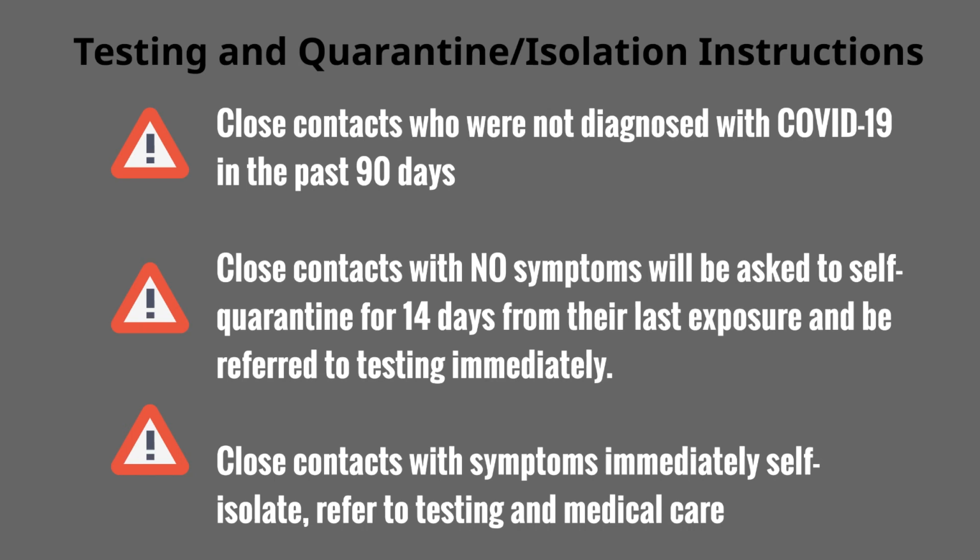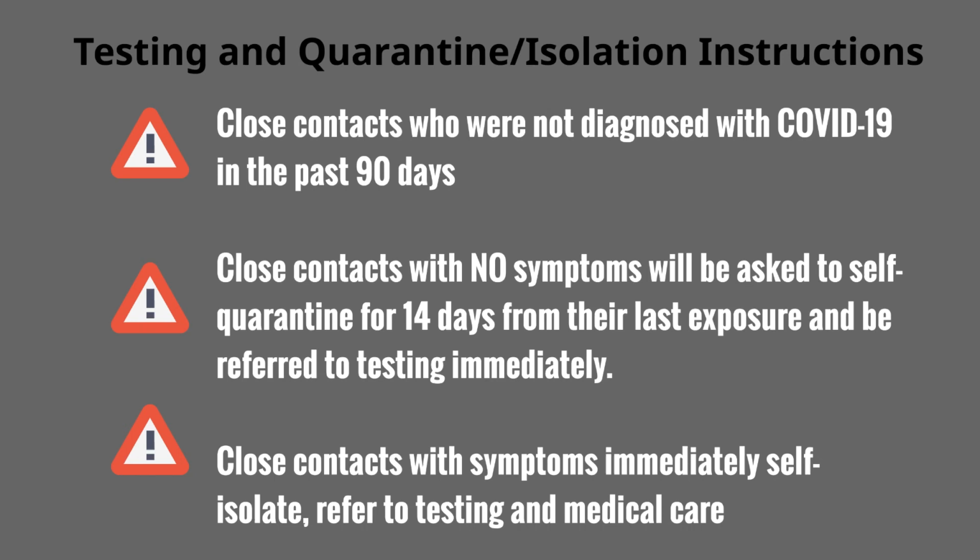Let's start with this slide. If the close contact was not diagnosed in the past 90 days, if that person has no symptoms, you're going to advise them to self-quarantine for 14 days, and they're going to be referred to testing immediately.